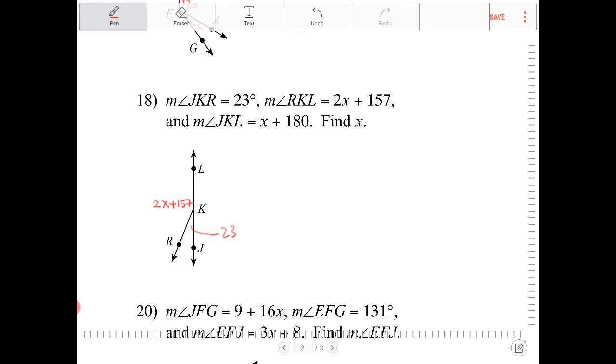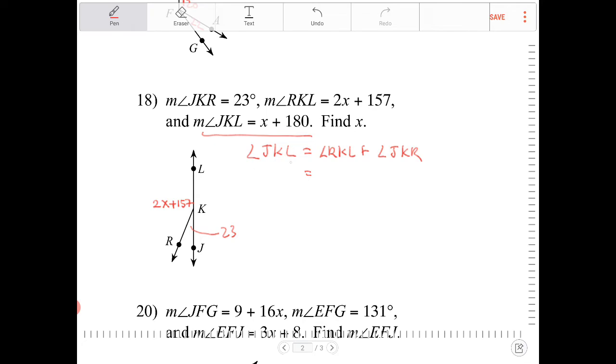So this is not a straight line. JKL is not a straight line, as they are attempting to tell you here. And then find x. Okay, so I know that JKL is equal to RKL plus JKR.